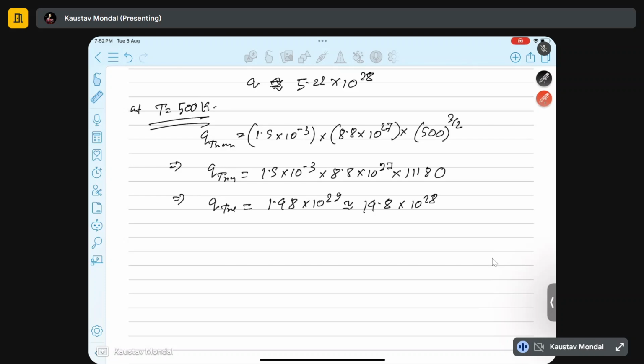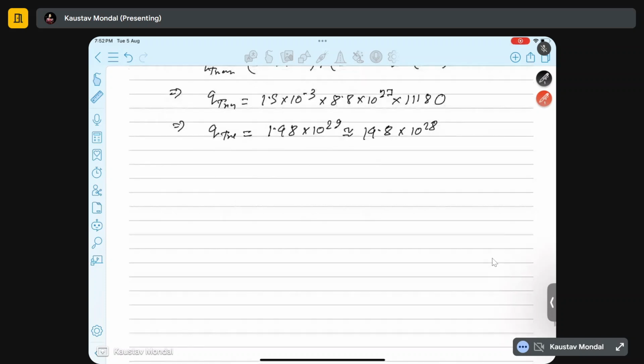So now we have to basically find the ratio. So the ratio R would be Q500 by Q250.